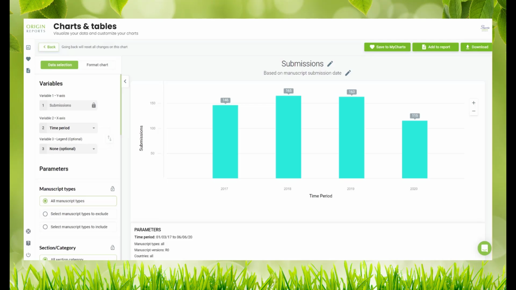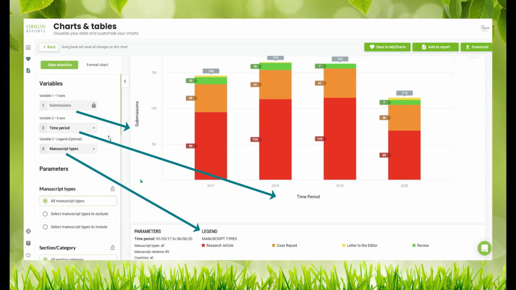Yeah, so if you want to get a deeper look into your data, you can definitely add a 3rd variable, where variable 1 is usually what we consider to be on the y-axis, variable 2 being on the x-axis, and variable 3 usually gives us the legend information that allows us to provide segments on a chart, such as submissions.